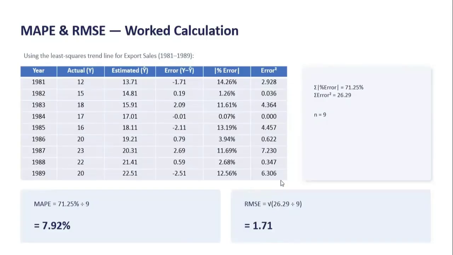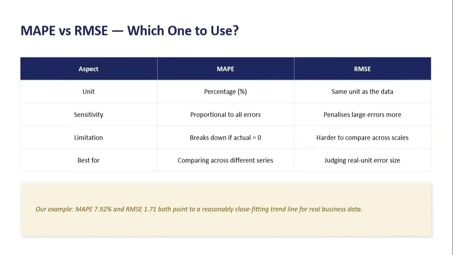MAPE is 7.92 percent, RMSE is 1.71. That means on average our trend line is only off by 8 percent and typically misses by less than 2 units. For real business data, that's genuinely solid. So, which one should you use? Honestly, both, but for different jobs.